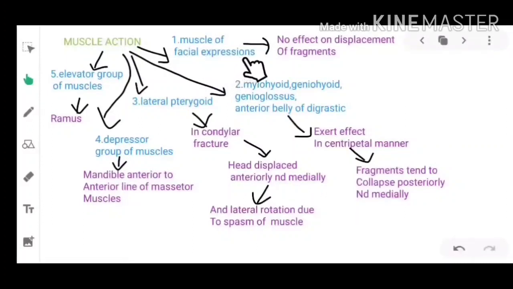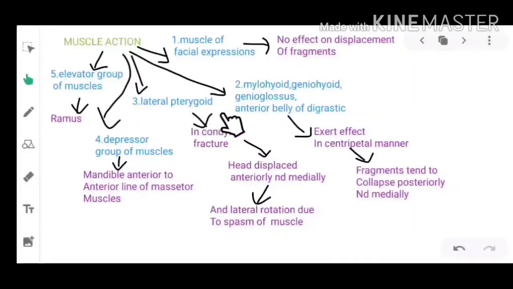First, muscles of facial expression have no effect on the displacement of fragments. Second, mylohyoid, geniohyoid, genioglossus and anterior belly of digastric exert effect in a centripetal manner, due to which the fragments tend to collapse posteriorly and medially.